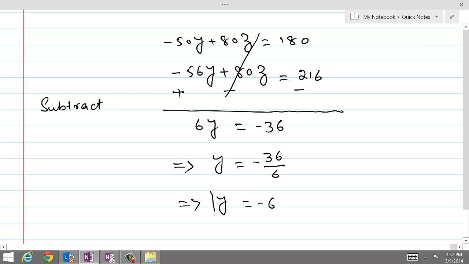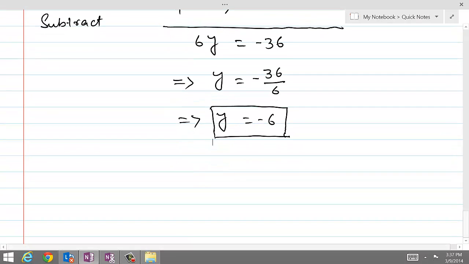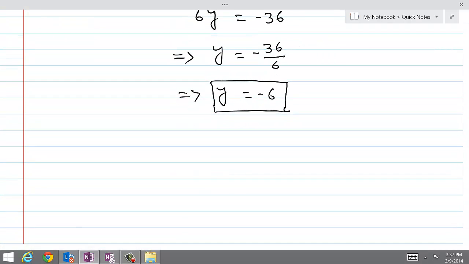We have already found the value for z. Now we have got the value for y as well. Both of these values for y and z we are going to substitute in equation 1 of the given system.